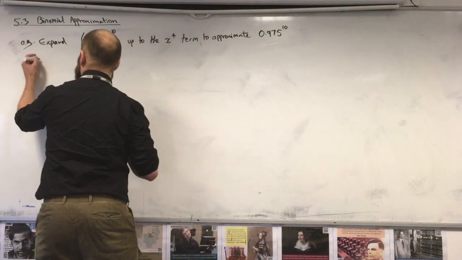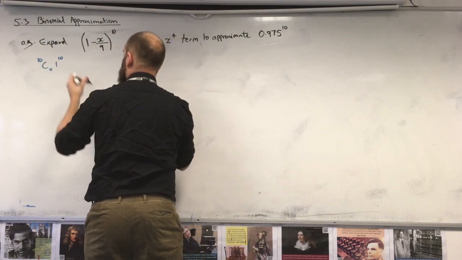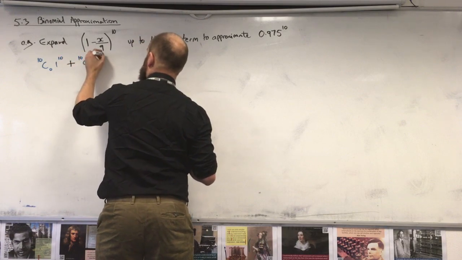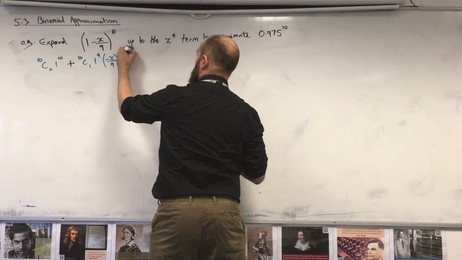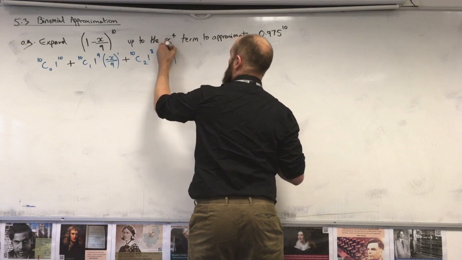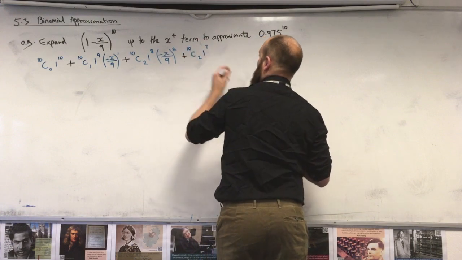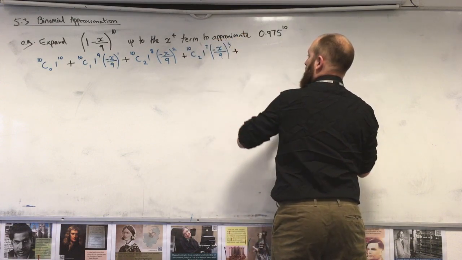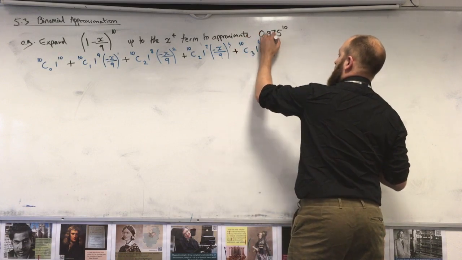So we've got 10c0, 1 to the power 10, plus 10c1, 1 to the power 9, minus x over 4, power 1, plus 10c2, 1 to the power 8, minus x over 4, power 2, plus 10c3, 1 to the 7, minus x over 4 cubed, and the last one, which we want up to the power 4, 10c4, 1 to the power 6, minus x over 4 to the power 4.